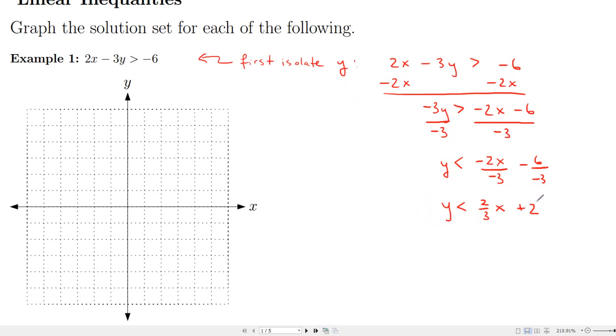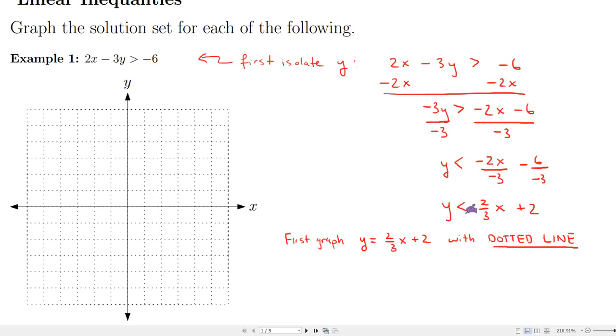There's going to be many values that satisfy this inequality, and we want to plot that in some way. So what we're going to do is first figure out the boundary equation. If this was an equation, first graph y equals 2/3 x plus 2 with a dotted line.